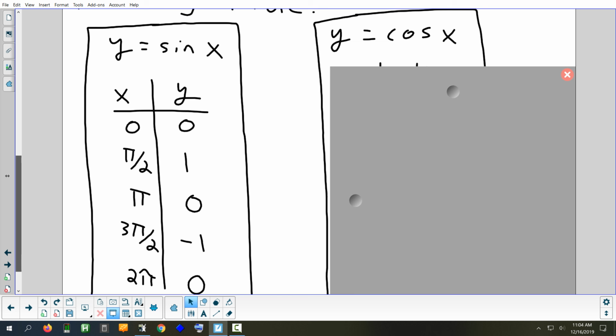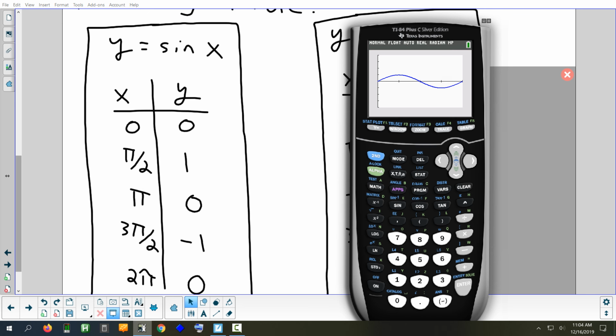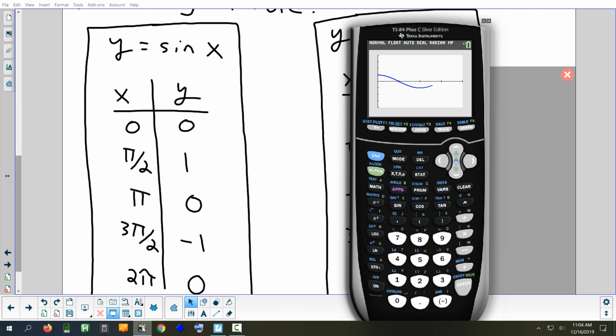Now, cosine. I'm going to pick the same x values again, because we want to have nicely spaced x values. But now, let's put in cosine. Where does the graph of cosine start?